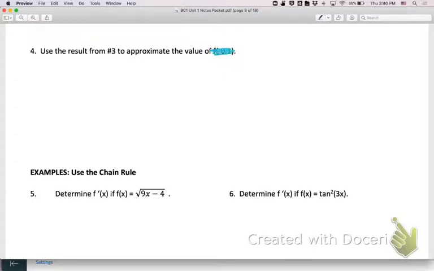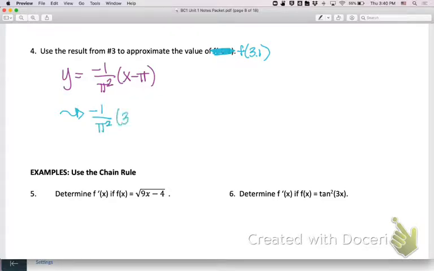So let's change this. We want to approximate f of 3.1, okay? So that just means we're going to use that tangent line, which was y equals negative 1 over pi squared times x minus pi. We want to evaluate that when x is 3.1. So let's plug that in. We have negative 1 over pi squared times 3.1 minus pi.